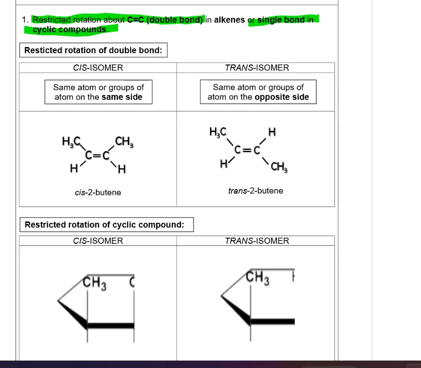So cis is when a group of atoms is on the same side, and trans is when the same atom or group of atoms is on the opposite side. So trans, opposite side; cis, same side.